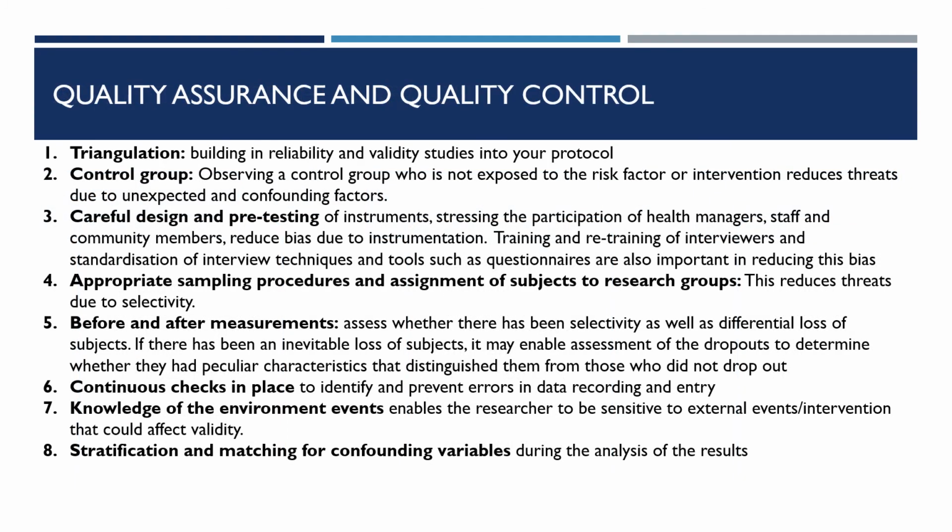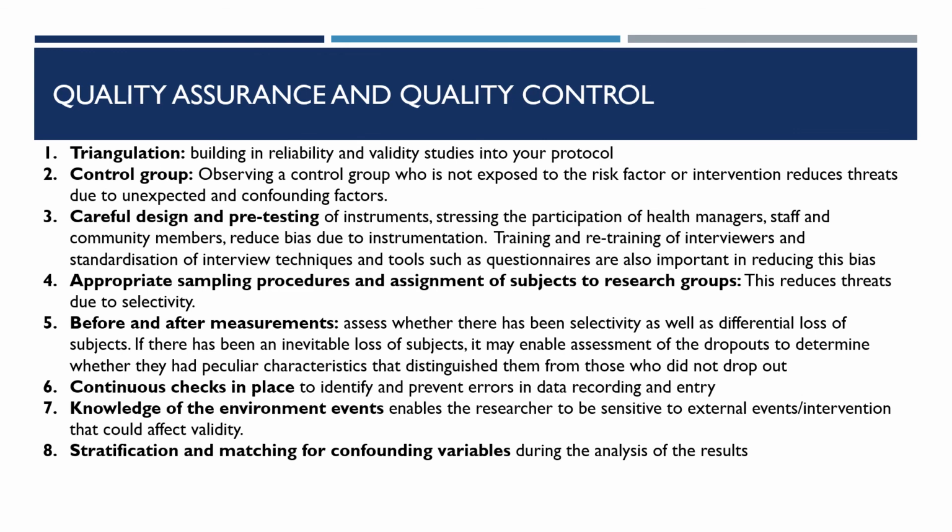Some other detailed examples of quality assurance and quality control could be building reliability and validity studies into our protocol, introducing a control group who will not be exposed to the risk factor or intervention to reduce the threat due to unexpected and confounding factors, and carefully designing and pre-testing the instrument to avoid any kind of distortion.